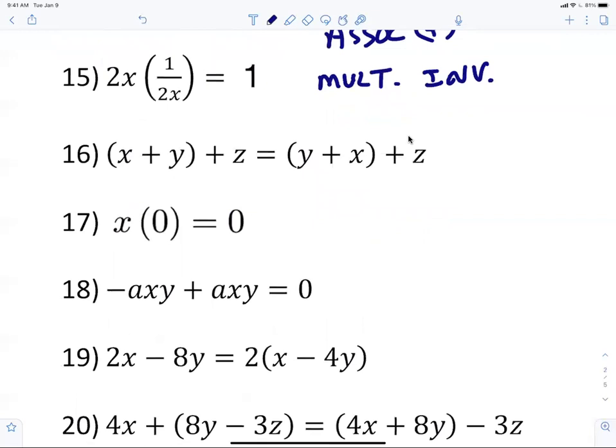All right, Sebastian. Tell me about 16. This will be the associative. Are you sure? Yeah, that is a... No, that will be commutative. Are you sure? You're supposed to say yes. Right, you're right. It is commutative property. Just because I ask a question doesn't make it wrong. I'm trying to see what you know, and if you're brave or you're going to be wimpy and say, oh, I don't know.